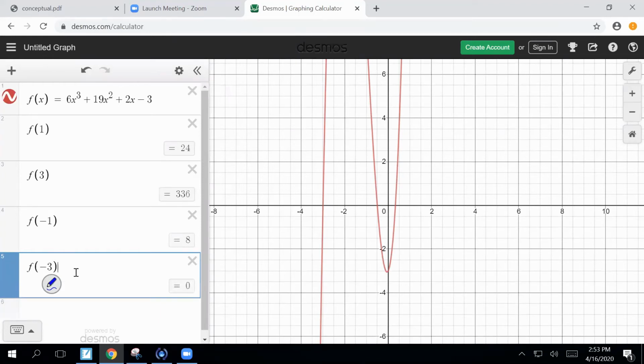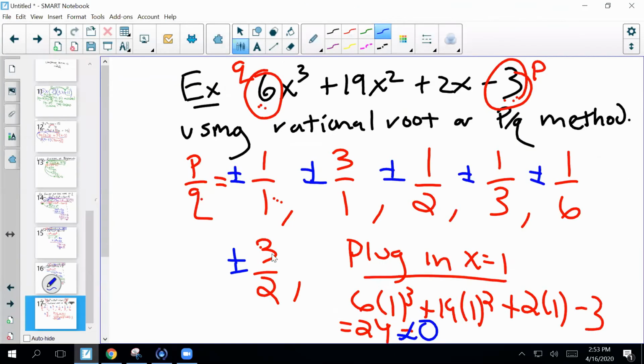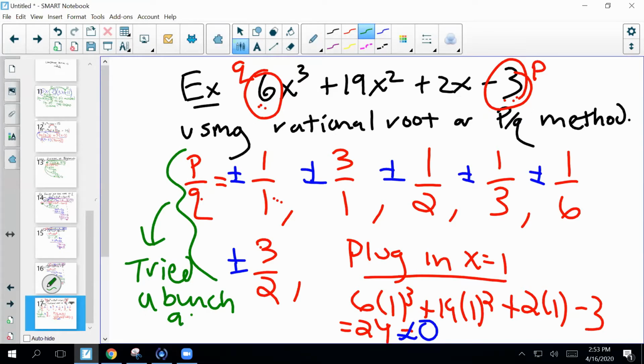So f of -3, if you plug in -3, you get 0. So at this point, what I would do is I'd maybe make a little note and say, I tried a bunch of these and got x equals -3 works.